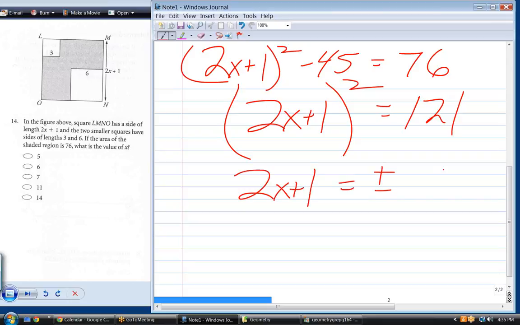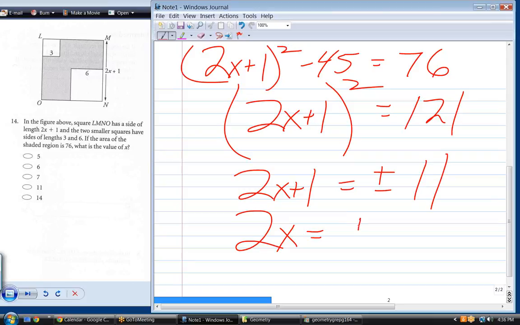Very good. You remembered the plus or minus 11. I mean, you remembered the plus or minus part. Next step? Then you would subtract 1 from both sides, so then you'd get 2x equals negative 10 or 12. Well, okay.